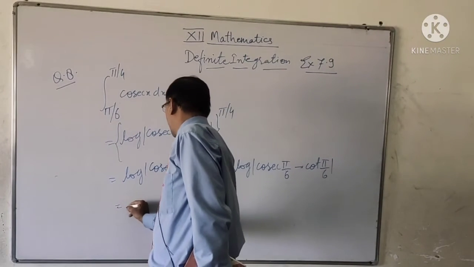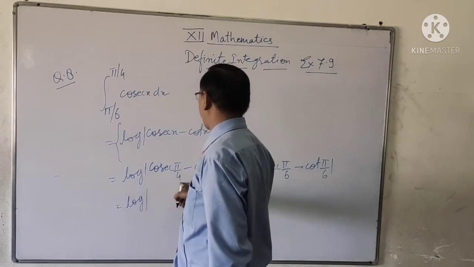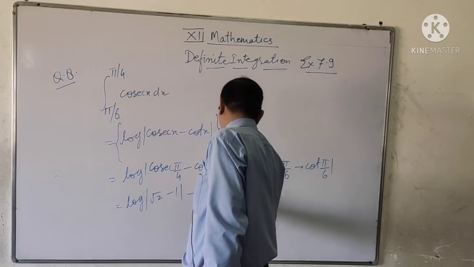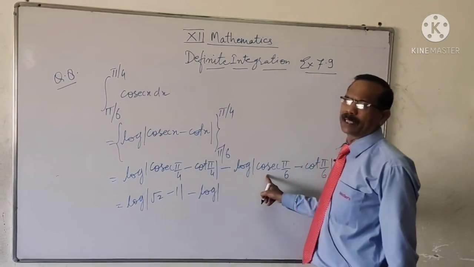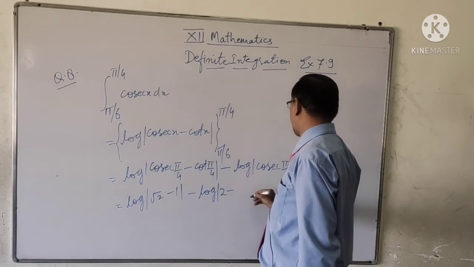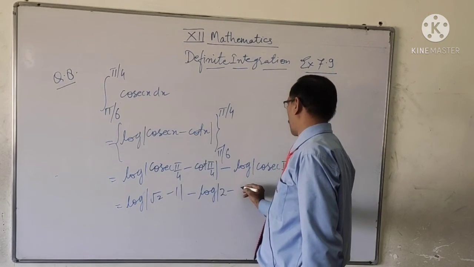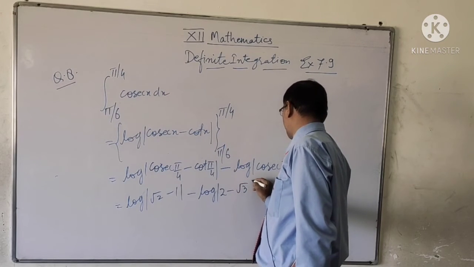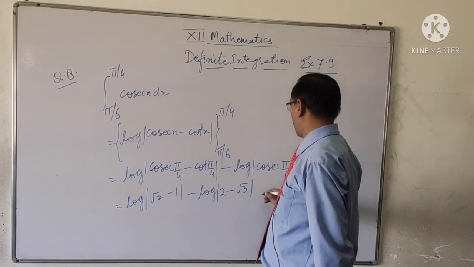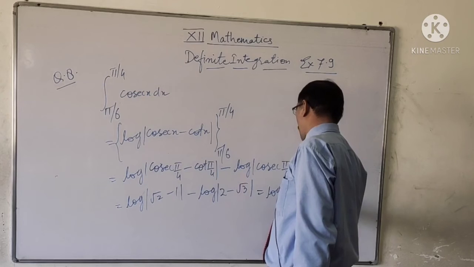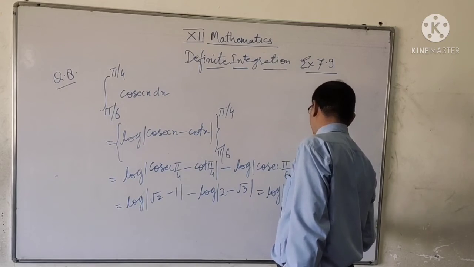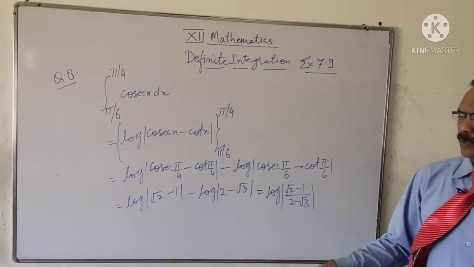Then cosec pi by 4 is root 2, cot pi by 4 is 1, minus log of cosec pi by 6, which is 2, minus cot pi by 6, that is cot 30 degrees, which is root 3. Then you can write it as log mod root 2 minus 1 upon 2 minus root 3. No need to simplify more.